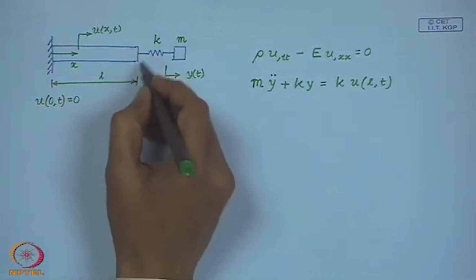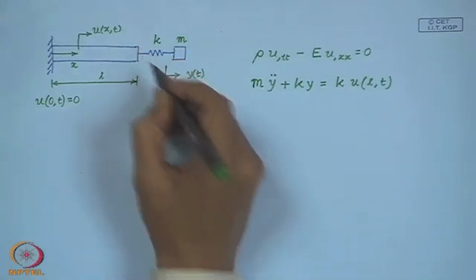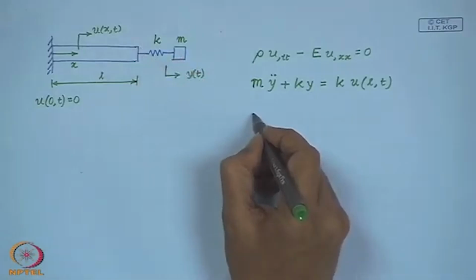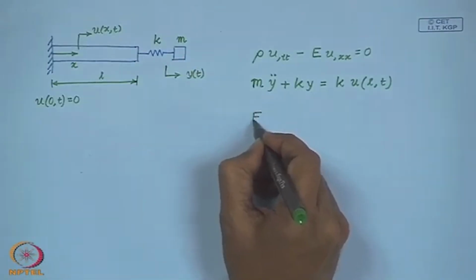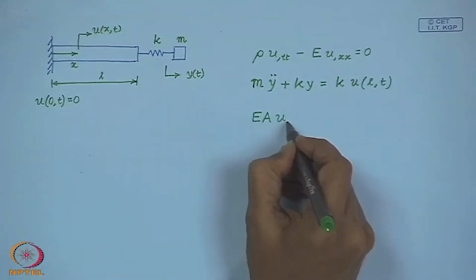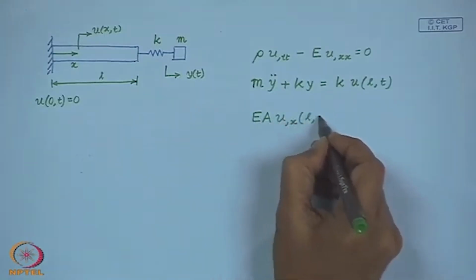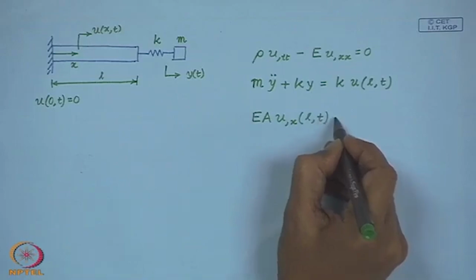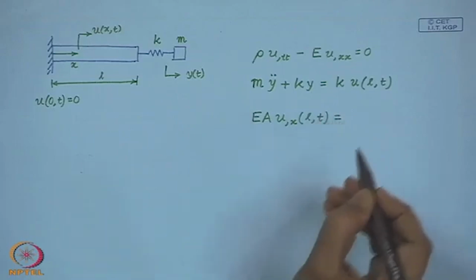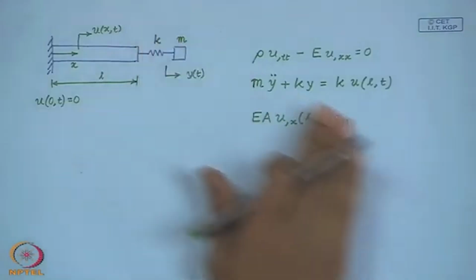So, we have already written the force on any cross section as E times area del u del x at x equal to L at time t. So, that is the force. Had there been no oscillator, it would have been 0.